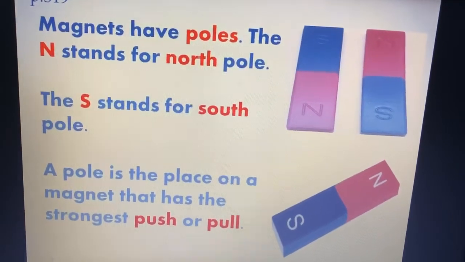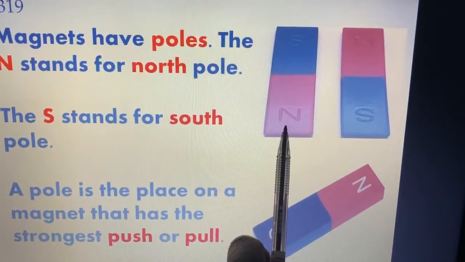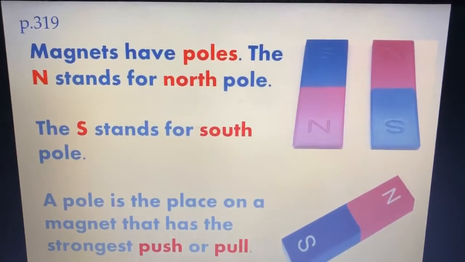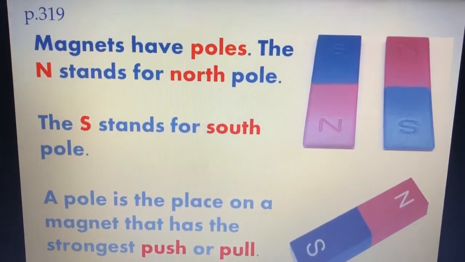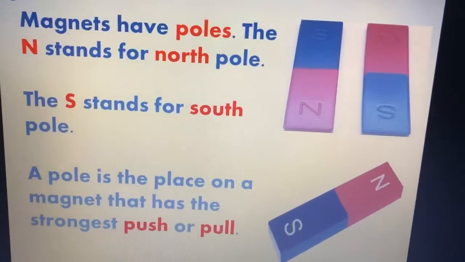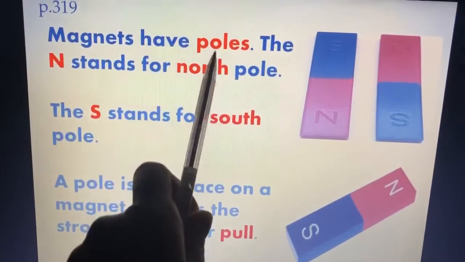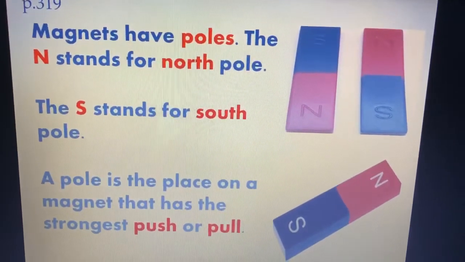The poles in the magnet: we have N, which stands for North, and S, which stands for South. So these are the poles that the magnets have.